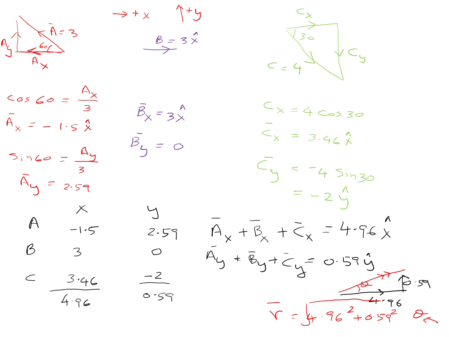So you can have 3 components, 4 components, or any number of components. You just need to figure out the x components of those vectors, the y components of those vectors, and then make a small table like this and add all the x components of the given vectors to get a number.